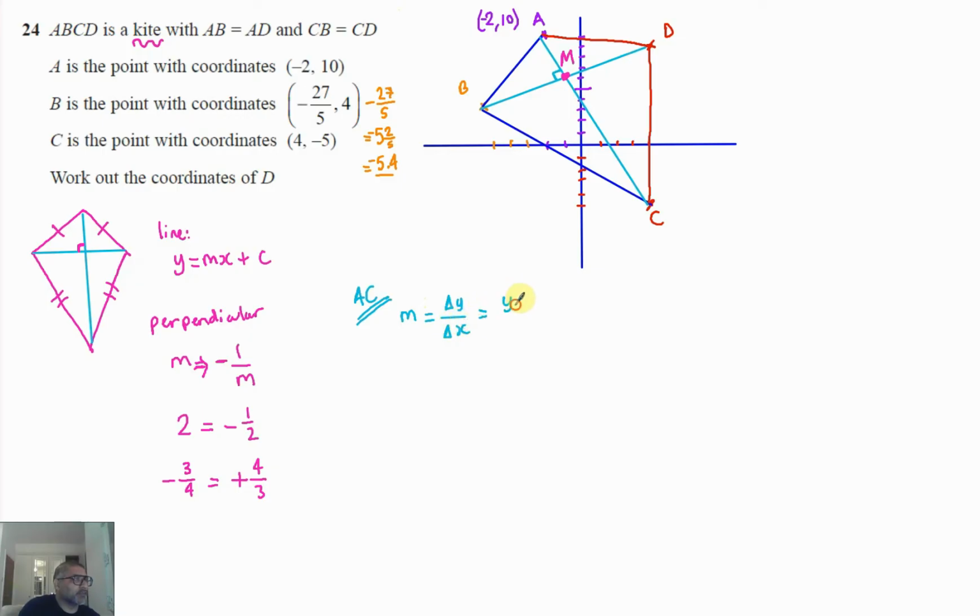And the formula is y2 minus y1 over x2 minus x1. And looking at those points, let's put our points in so it makes it a bit easier. Point B was, let's keep it consistent with colors, minus 27 over 5, 4.